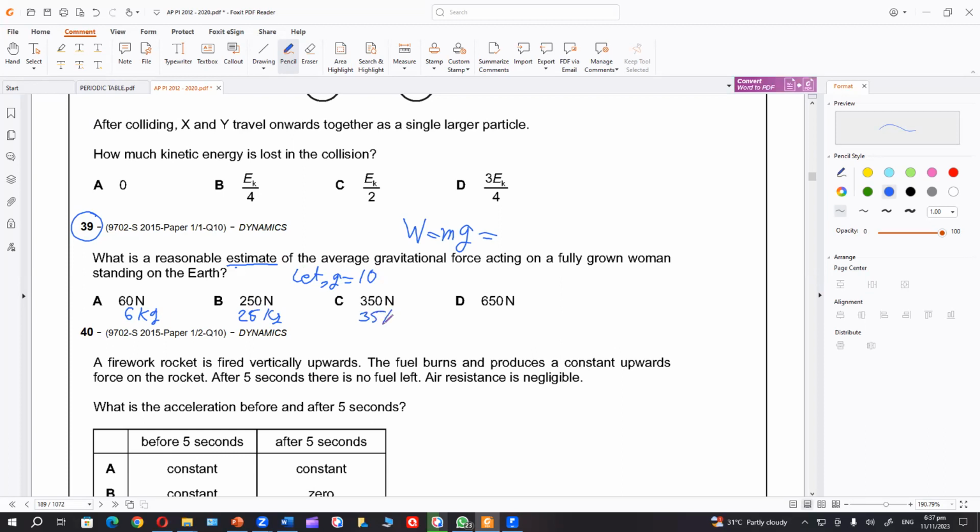This is a 35 kg female and this is a 65 kg female. Two people are favoring D. Sahi. Because this is a reasonable estimate.